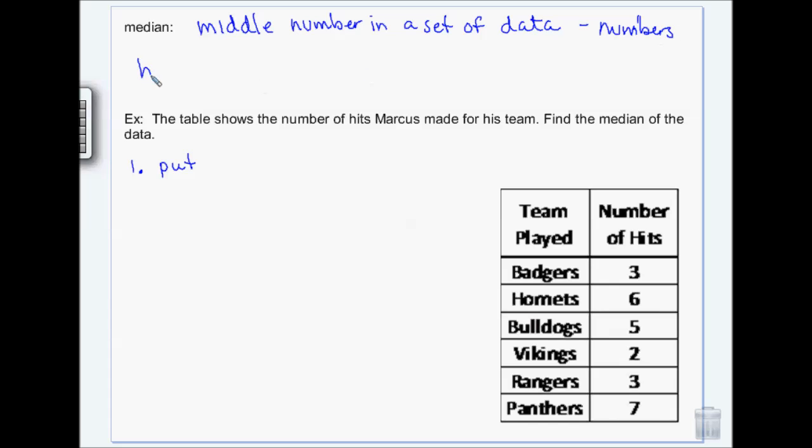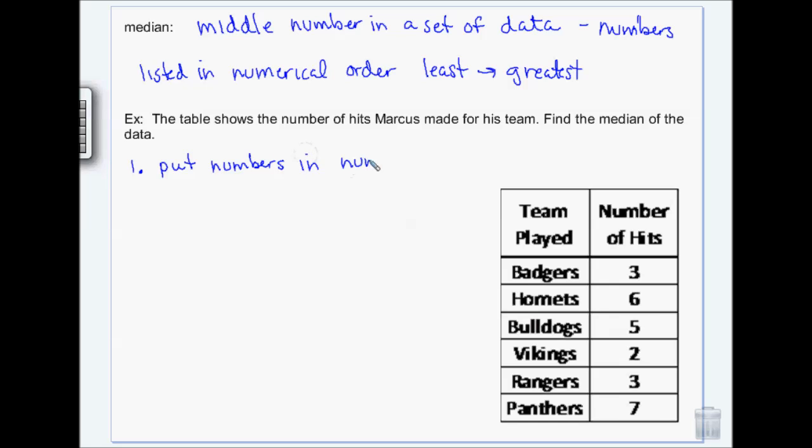Your numbers have to be listed in numerical order, from least to greatest. So that's our first step. We put numbers in numerical order.